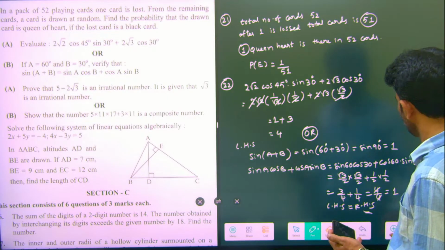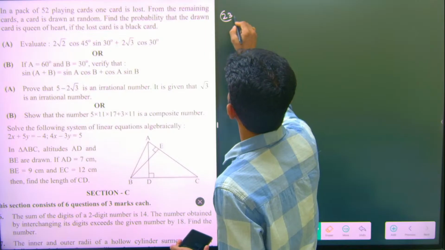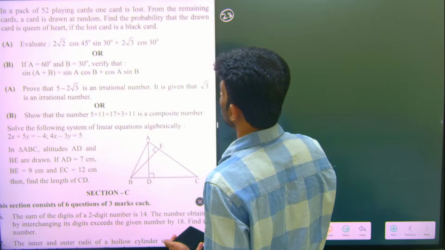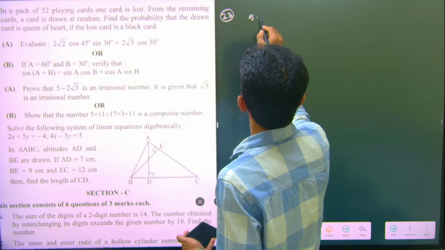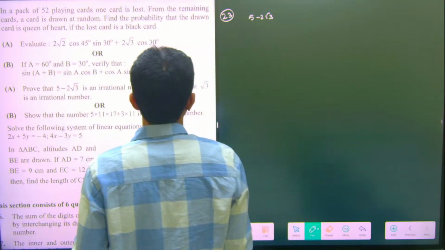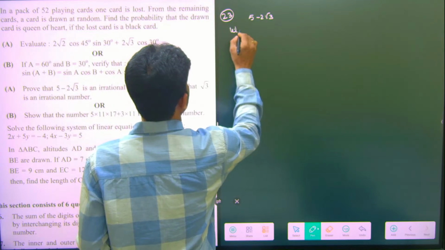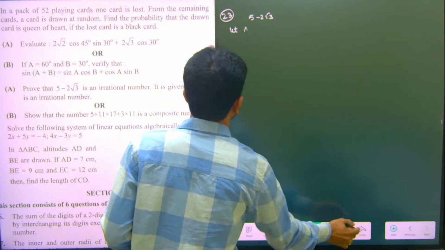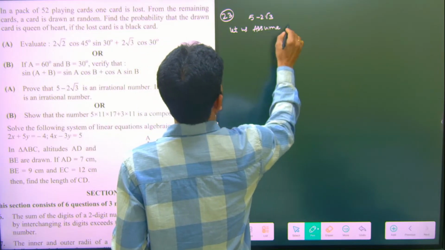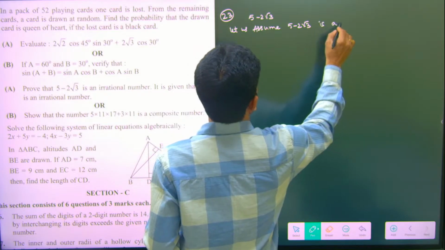Now let's see question number 23. 23 you all know very well. You have to prove 5 minus 2 root 3 is irrational. So what we do nowadays, most of you are not writing assumption and conclusion properly. Let us assume 5 minus 2 root 3 is a rational number.